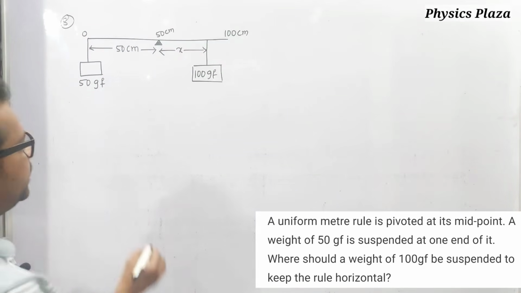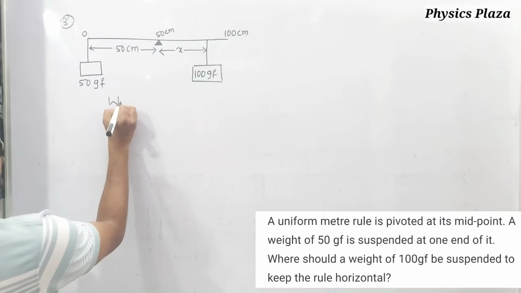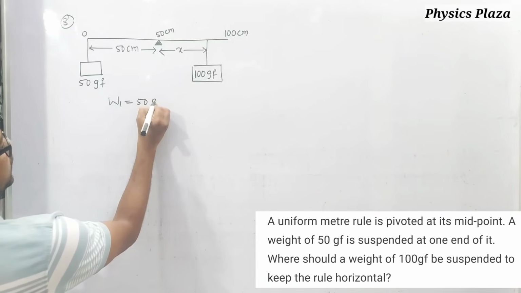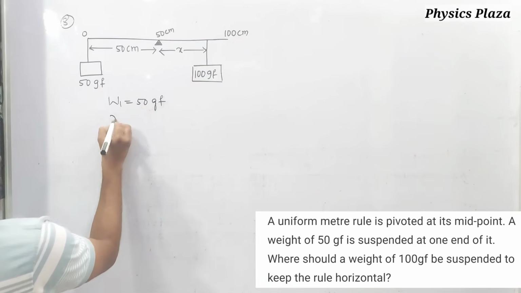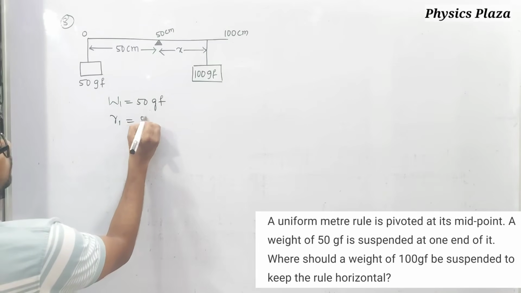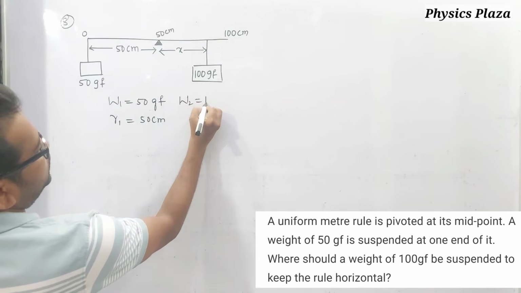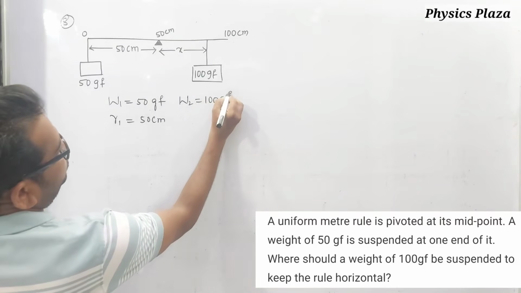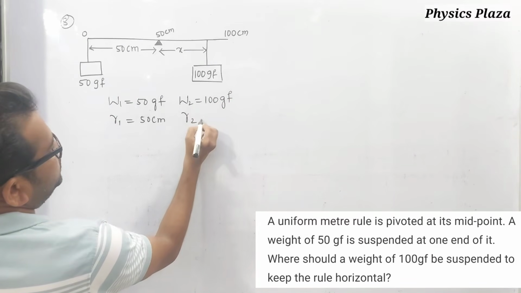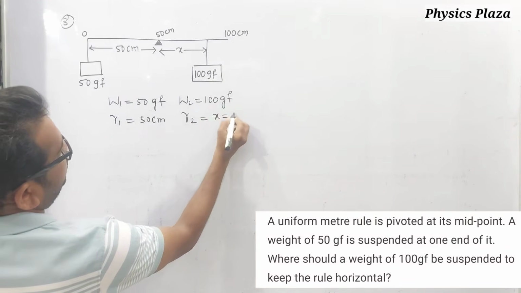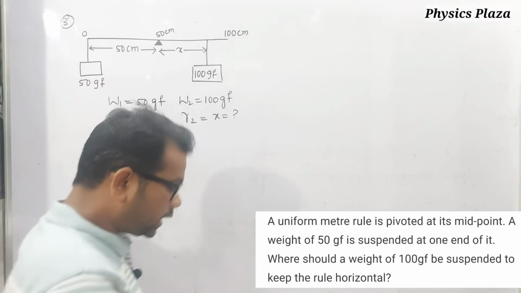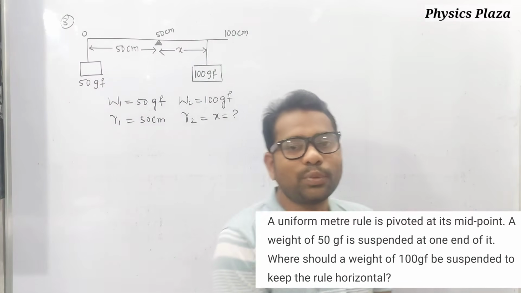Now let us write the data, children. So let us say W1 is 50 gram force and here R1 is 50 centimeter. So W2 is 100 gram force. Fine, R2 is x, that is to be calculated. Children, come on, let us apply the principle of moments of weights.